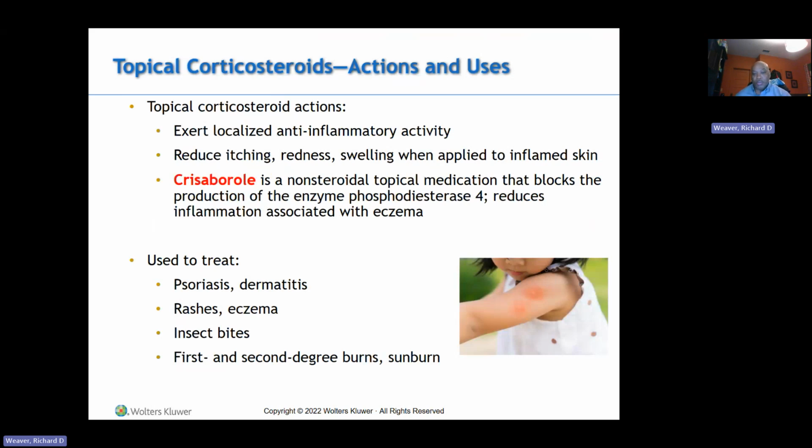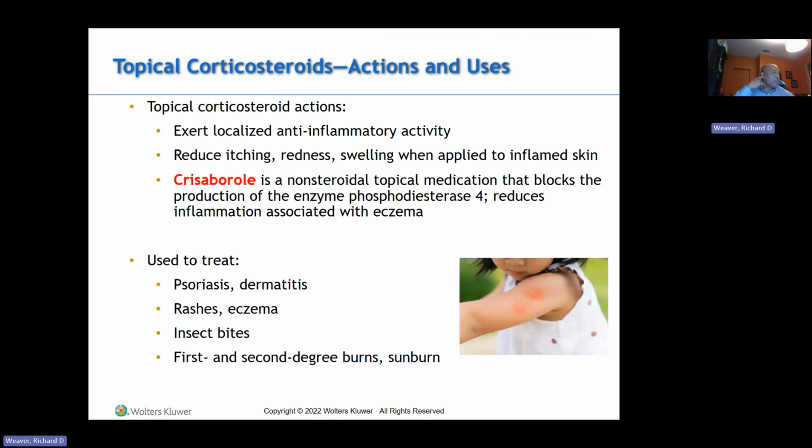So the way this drug, crisaborole, works is that it blocks the production of that enzyme. And if I block the production of the enzyme, then I reduce the inflammation that is associated with the skin outbreak. But it doesn't mean it has steroidal properties or anything like that.